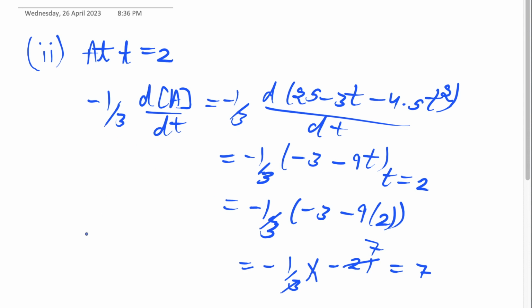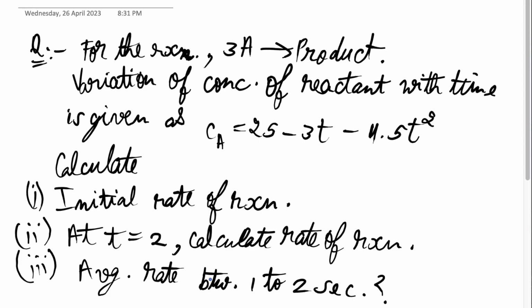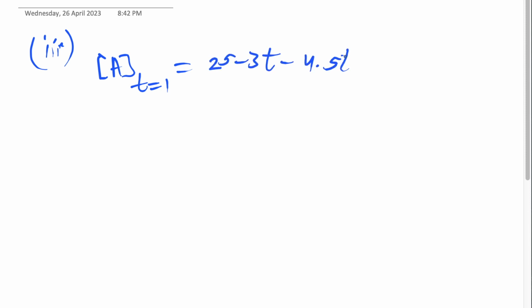Okay, this is the rate of reaction. Now let's move to the third part of this question. What we have to find in the third part? Average rate. Calculate the average rate between 1 to 2 seconds. So the concentration of A at t equal to 1 is given by 25 minus 3t minus 4.5 t square.